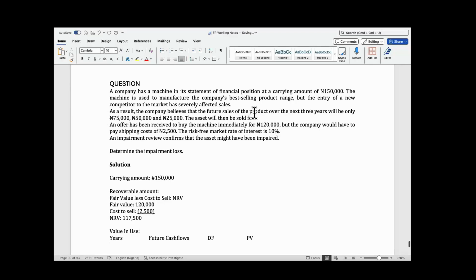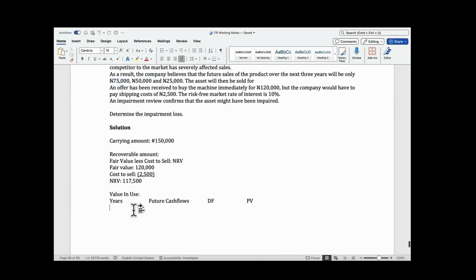And they give me that information here. So the company gave me future sales over the next 3 years: 75, 50, and 25. That means in year one, I'm going to make an inflow of 75,000.